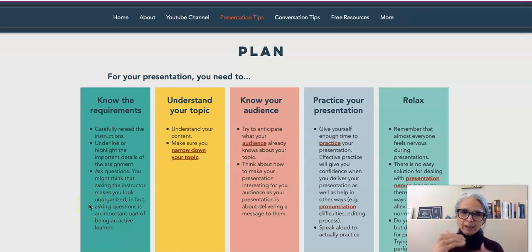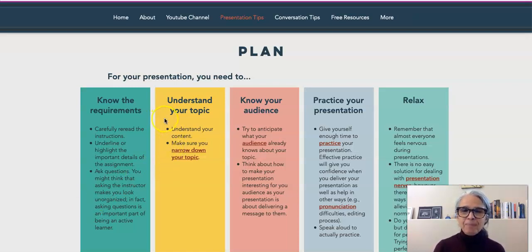So look at the organization of the information and ask yourself questions as per what information selection is important to be present in your presentation.